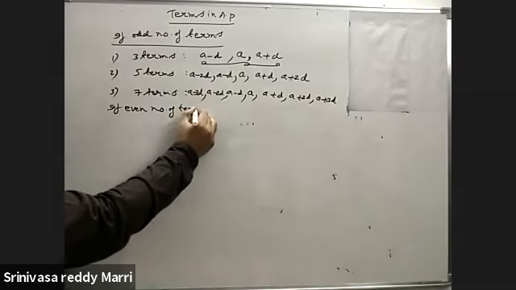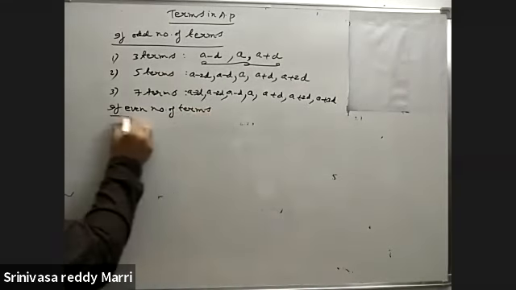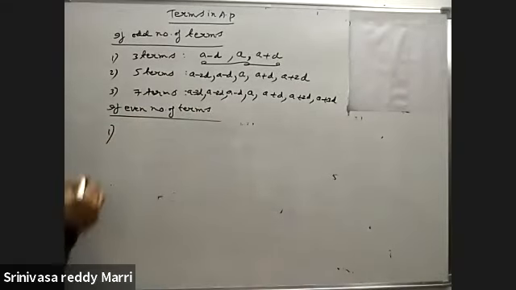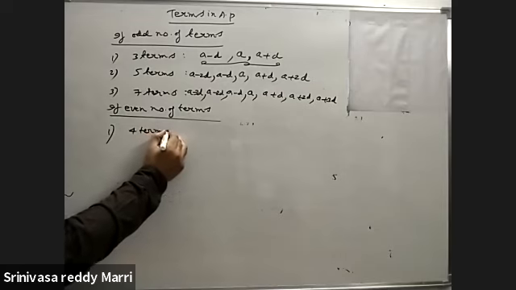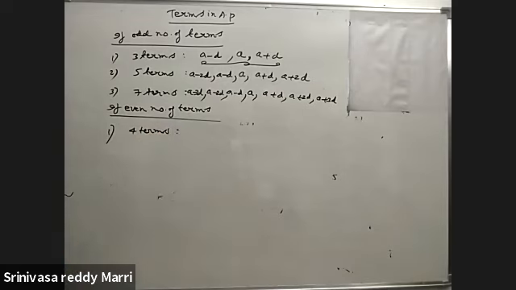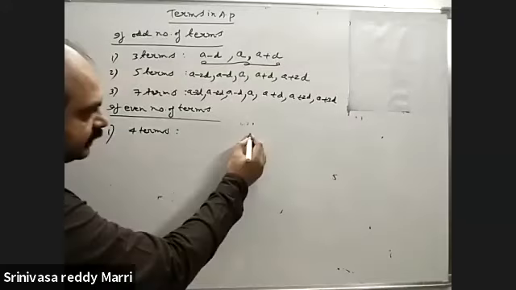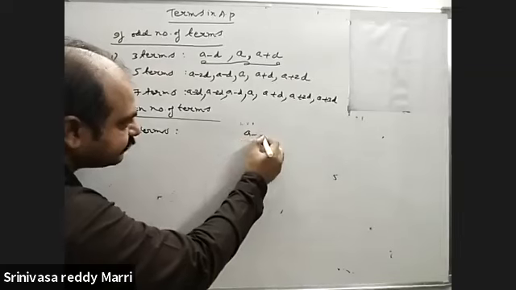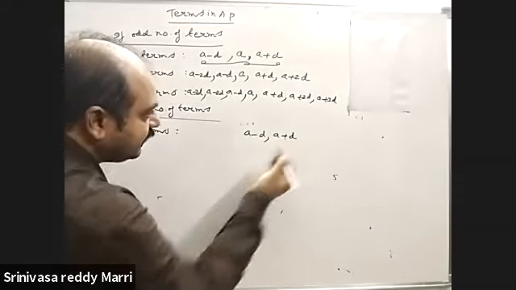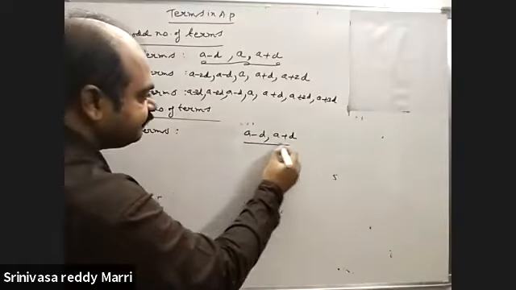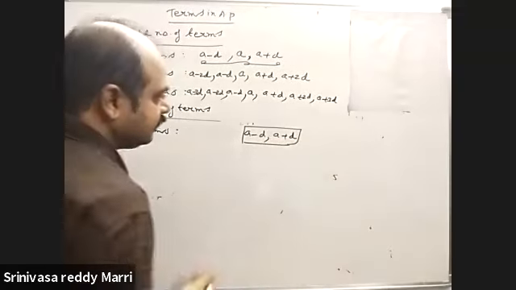If even number of terms, suppose you have to take an even number of terms, look at. Even number of terms means there will be 2 middle terms. That means fix those middle terms as A minus D, A plus D first.